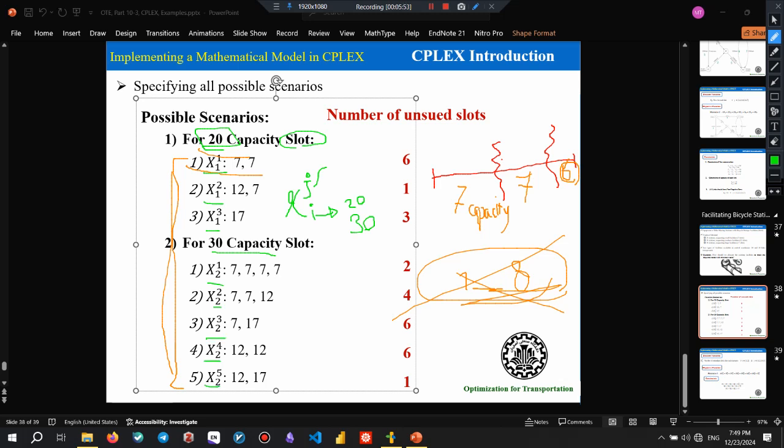There are two ways for you. You can have J in here, being 1, 2, 3, 4, 5, and 4 and 5 for the first one, for the 20 capacity, is simply 0, right? Or you can have J and something like K, which puts J between 1 to 3 and K between 1 to 5, if you want to be more specific.